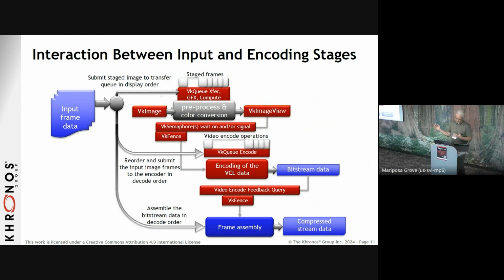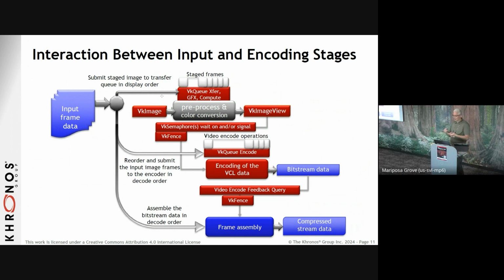And of course, after the video encode operation is done, again, the difference between those two queues is that the first one usually works in input order or display order, and the second one works in encode order or decode order. After the encoder is done with the stream, you would definitely need to know what the size was, because we also deal with variable size in the encoder.